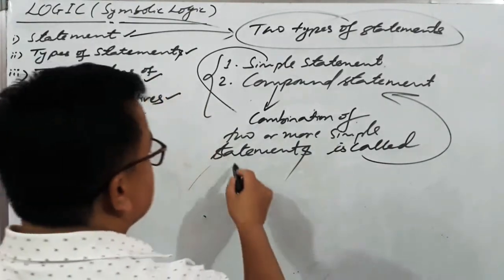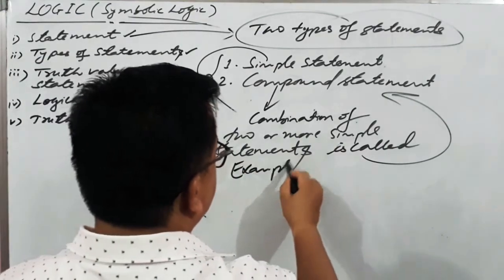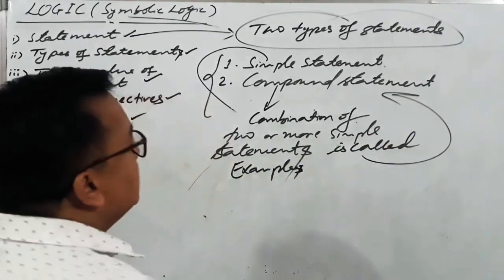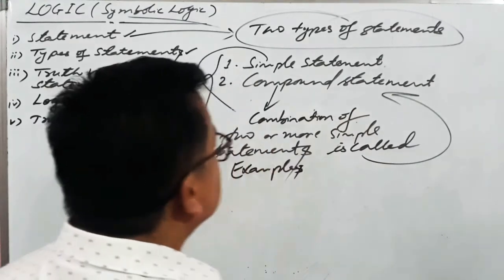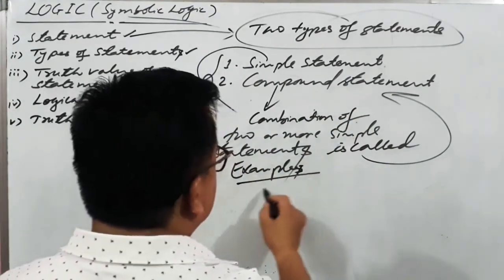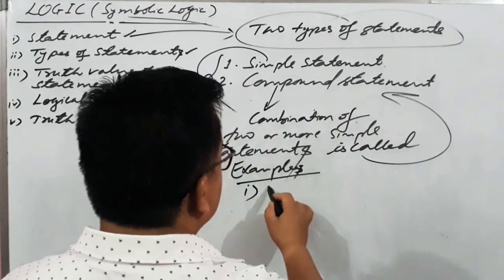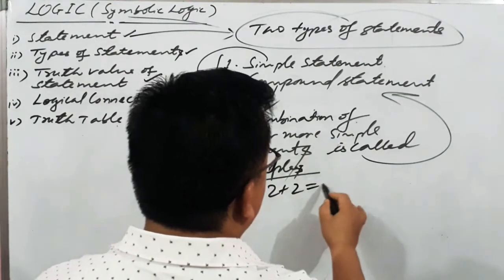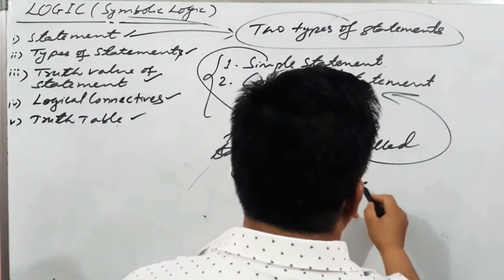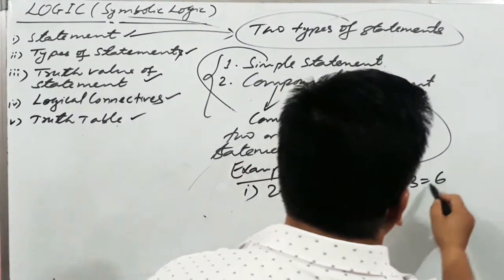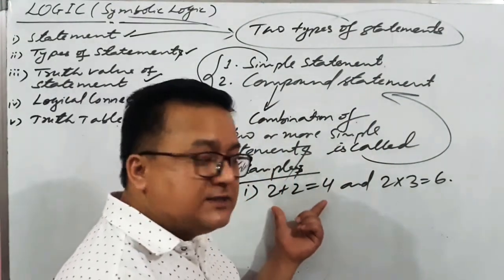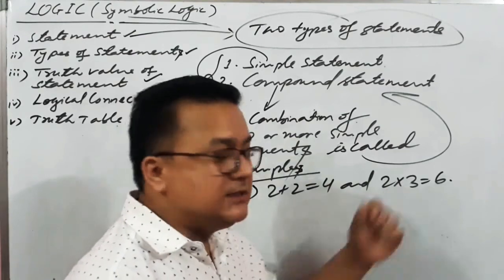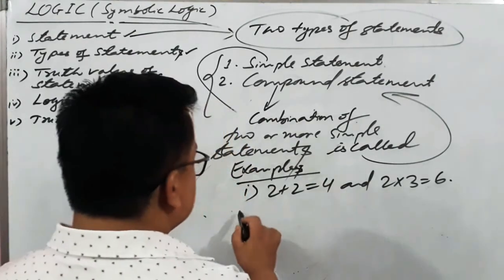For example, the combination of two or more simple statements is called a compound statement. Example number 1: 2 plus 2 equals 4 and 2 times 3 equals 6. Here is one statement and here is another statement, so two simple statements are connected.